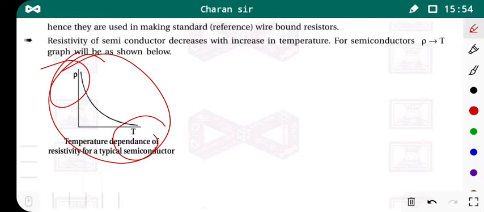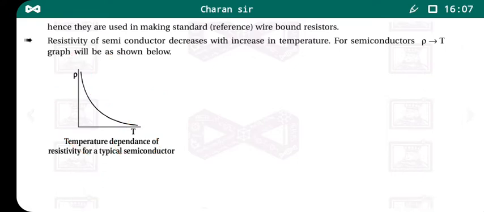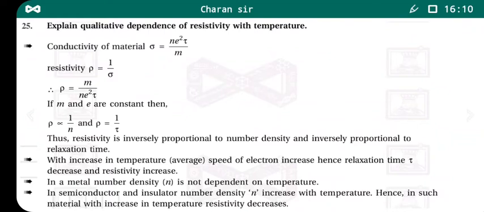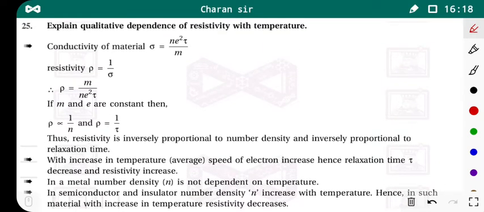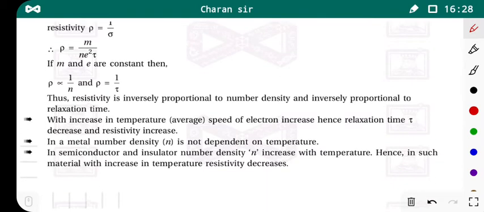Now we try to understand why the resistivity of metals increases with increasing temperature, and the resistivity of semiconductors decreases with increasing temperature. Okay, we discuss in detail. We know that the conductivity of the material is given by this equation. Now we know that the resistivity is the inverse of the conductivity.